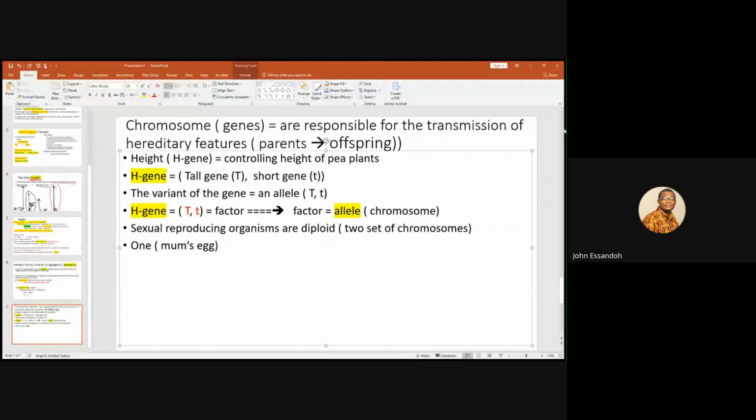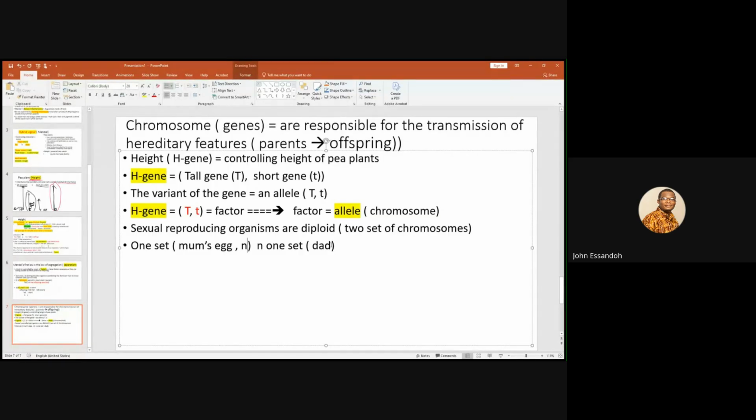One set from mom's egg, and another set from dad. Each set has n chromosomes.